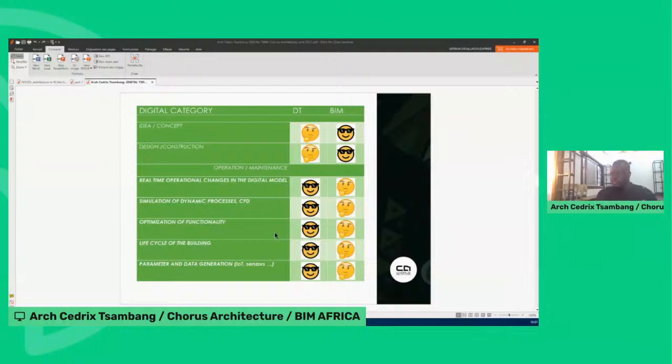But when it comes to operation and maintenance, or to analyze a project, real-time operational changes in the digital model, simulation of dynamic processes, optimization of functionality, life cycle of the building, parameter and data generation, you are better served by the digital twin.